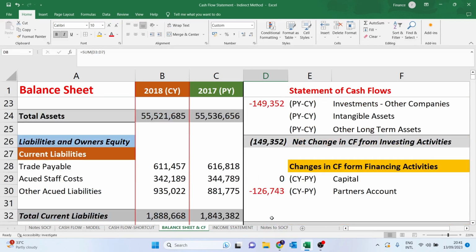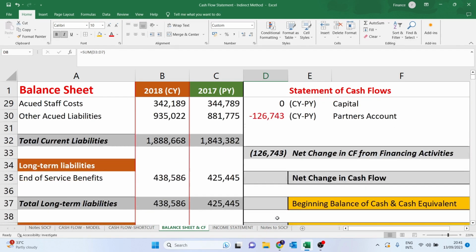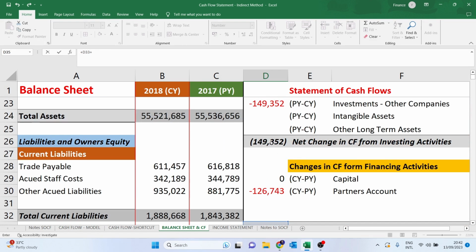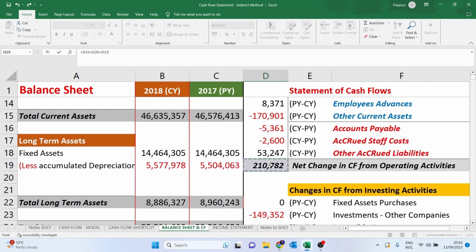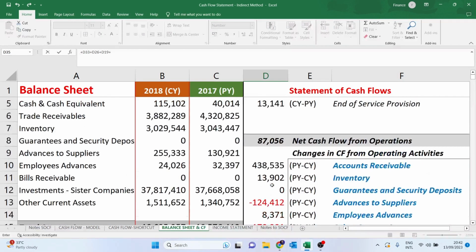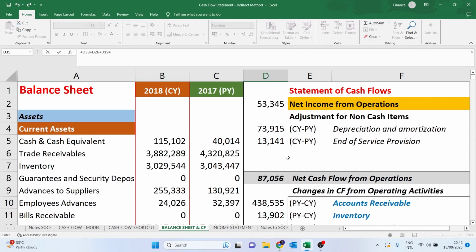Now let us find out the net change of all those. We will sum all the totals: net change in financing plus net change in investing plus net change in operating, after removing the non-cash items, net cash flow from operations.